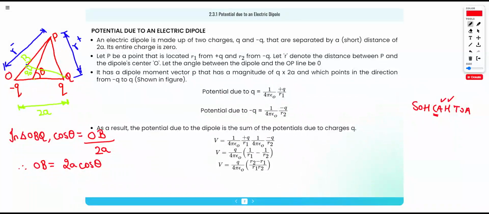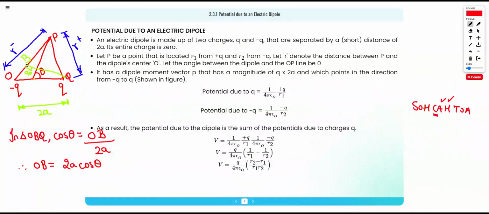I want to check the net potential at P. See, the influence of this will happen here, and even the influence of this will happen here. There will be an influence by the negative charge, and because of the positive charge there will also be an influence. They will not dominate because they have the same charge magnitude, but the signs are opposite, one positive and one negative.